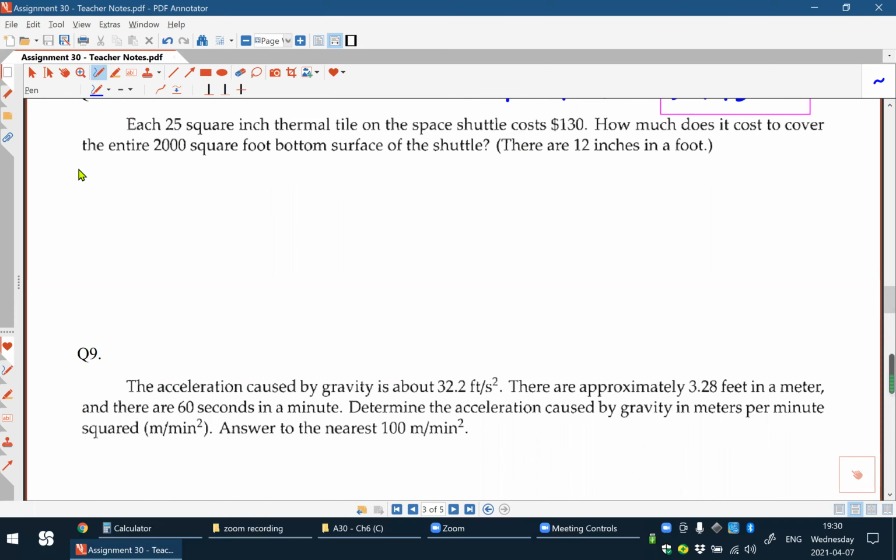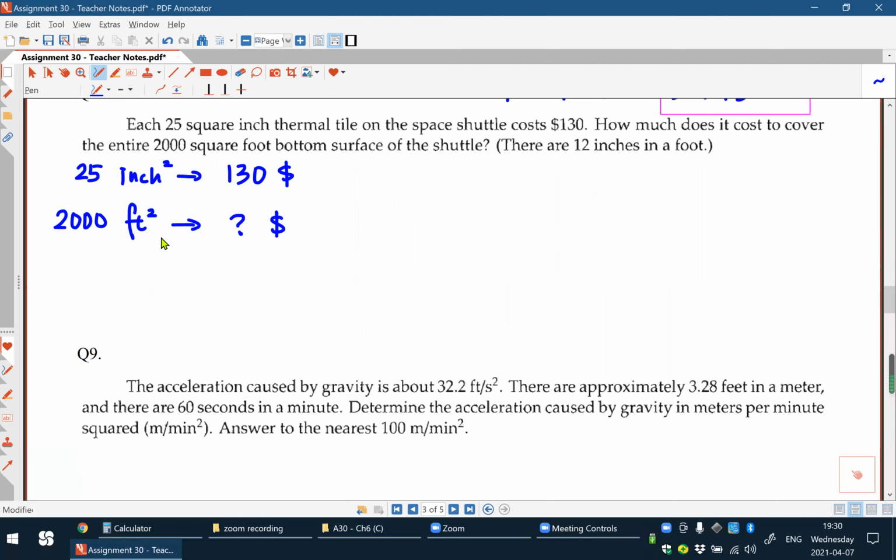Okay, so we know that 25 square inches costs $130, right? And here we want to know how many dollars the entire 2,000 square feet is worth, right?